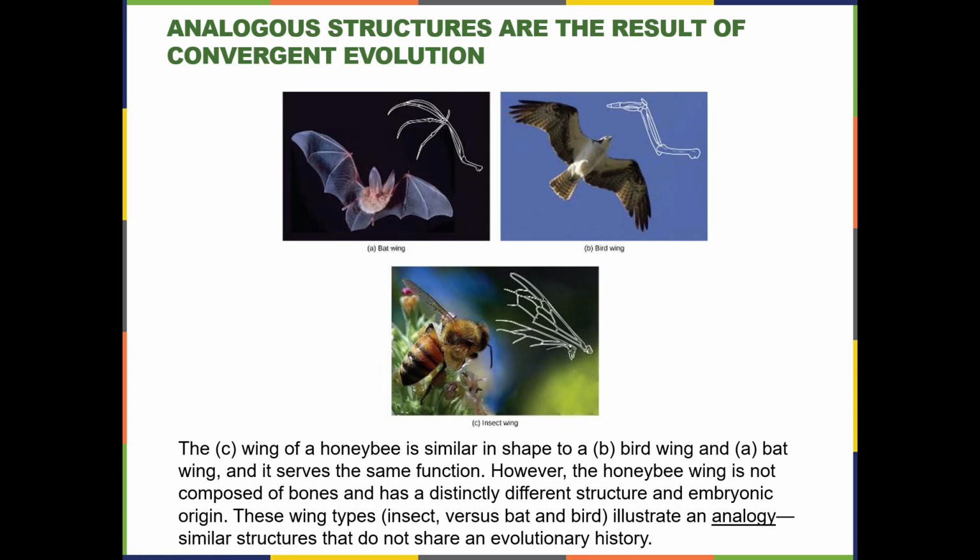And the way you know it is, first of all, the structure is not even at all similar. But if you're not sure, if you don't know about the structure, what you would want to look for is, is there a common ancestor between bird and insect that had a wing? And the answer in that case is no. You would have to go really far back into the evolutionary tree to find the common ancestor of a bird with an insect.